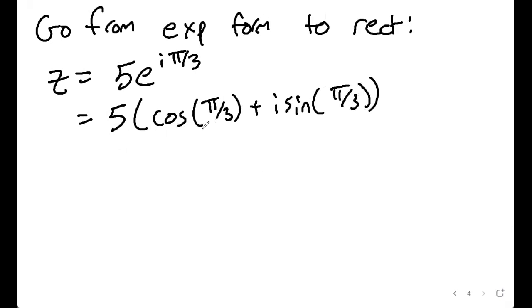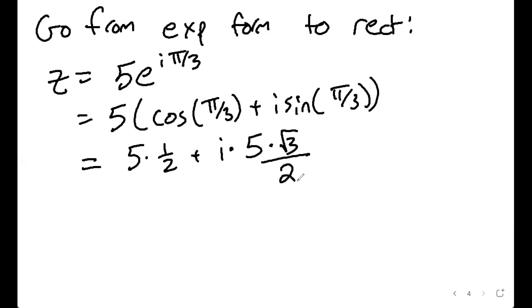And so cosine of pi over 3 will be 1/2. So 5 times 1/2 plus i times 5 times sine of pi over 3, which is root 3 over 2. So 5/2 plus i times 5 root 3 over 2.